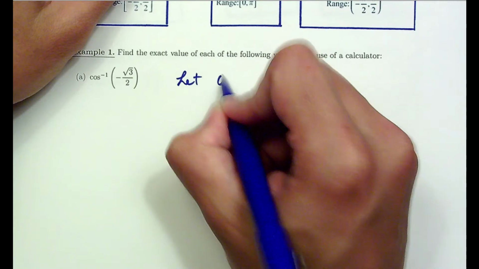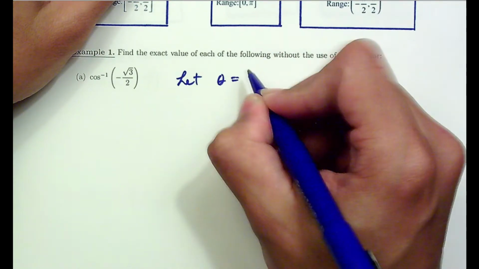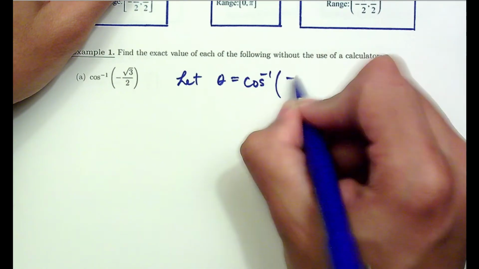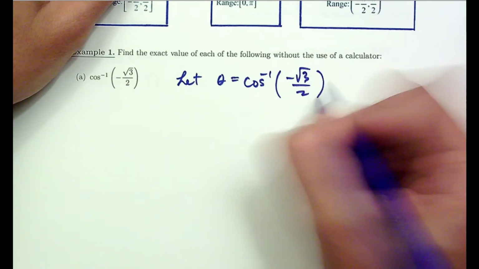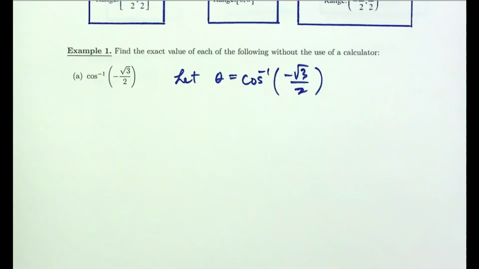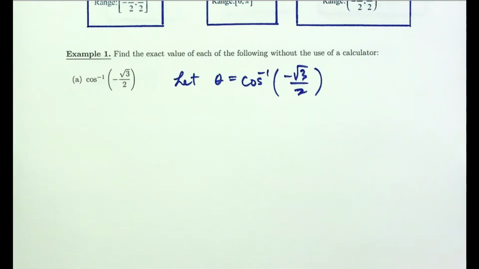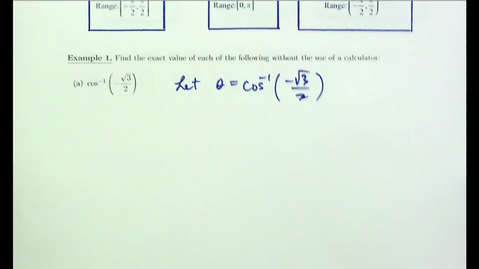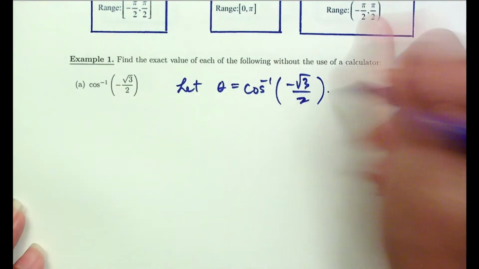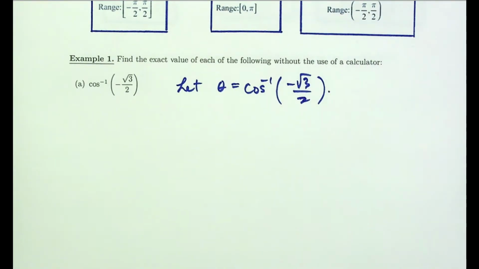Let's use the Greek letter theta instead of x, because an inverse trig function actually spits out an angle. And remember that we normally use Greek letters for angles. So cosine inverse is going to spit out an angle, so let's use theta. Alpha, beta, all those are good.